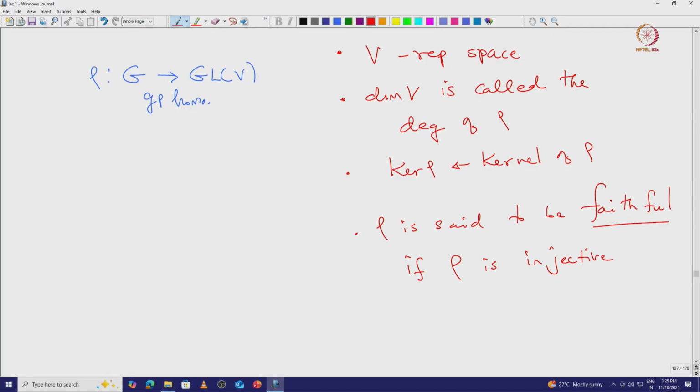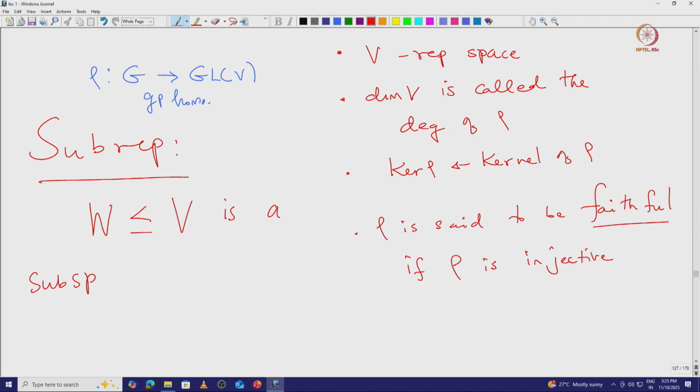Now, what is a subrepresentation? A subrepresentation is a subspace W such that all elements of G leave W invariant.